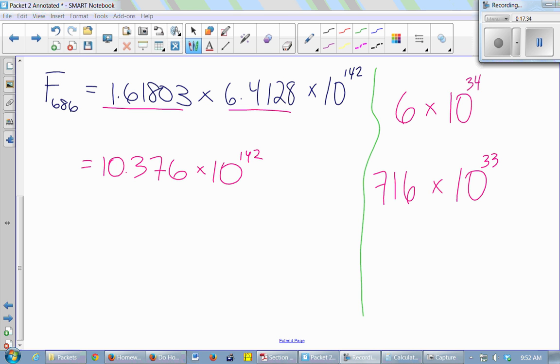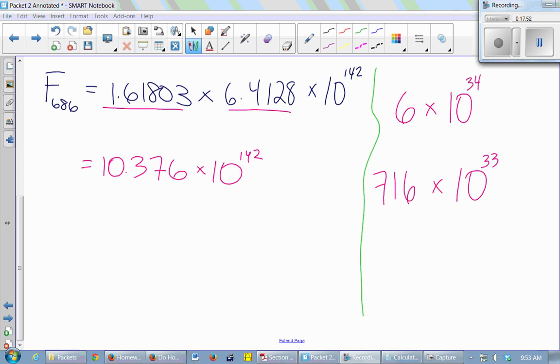So if I want to compare the sizes of those two numbers, they're both gigantic numbers, right? They're both just huge, but one is bigger than the other. The easiest way to compare them is if I could just glance at the exponents, because that tells me how many zeros, right?